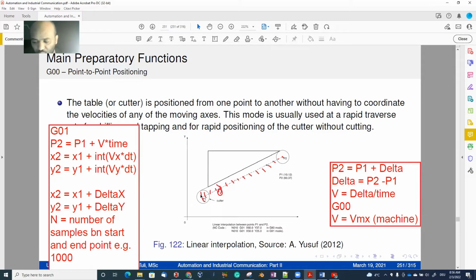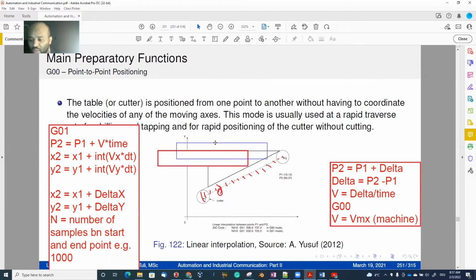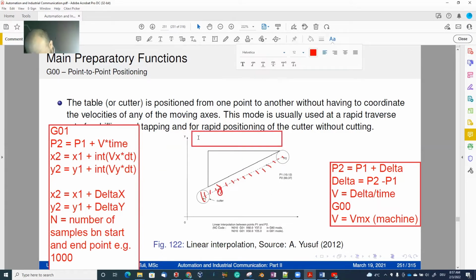So to do that, with this concept, we can rewrite this generically.